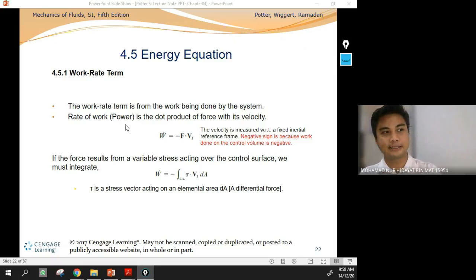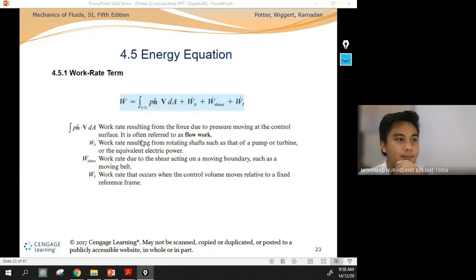Alright, this part explains the work term. Why is it negative? As I mentioned, the negative sign is because of work done on the control volume. The control volume produces the useful work. This work has 4 components.